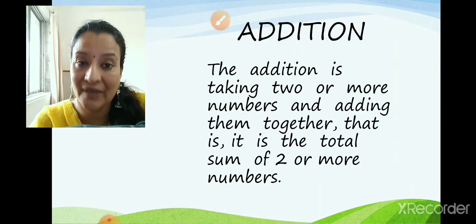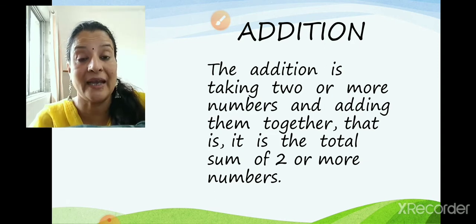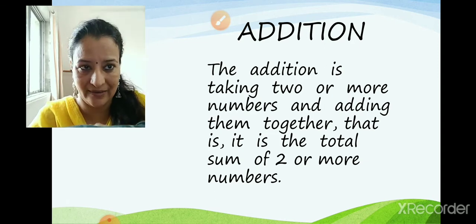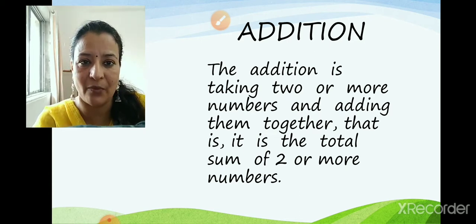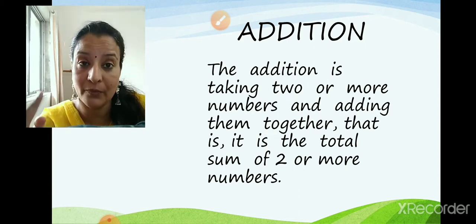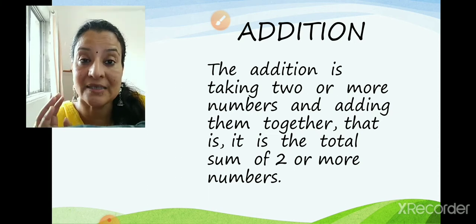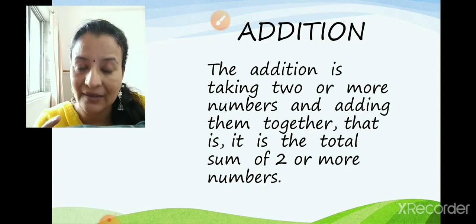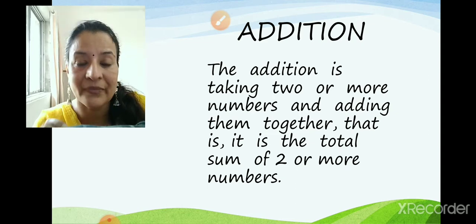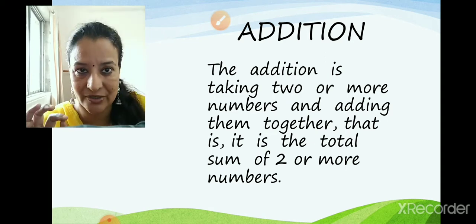Addition means taking two or more numbers and adding them together, that is, it is the total sum of two or more numbers. Now addition here means, children, simple. It is sum, it is total, it is together, it is in all. These are all the words that we use for addition.